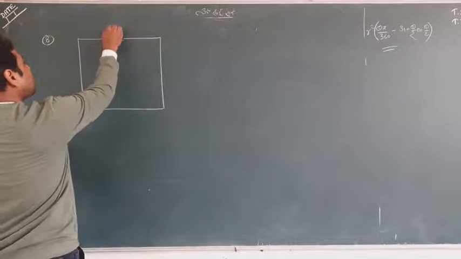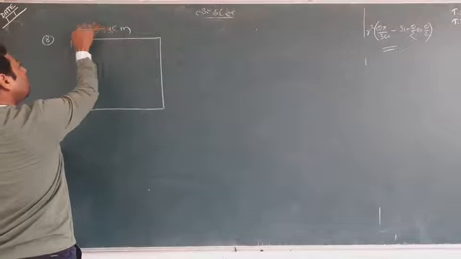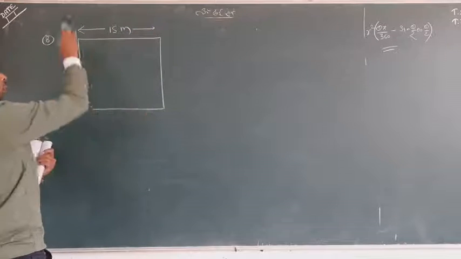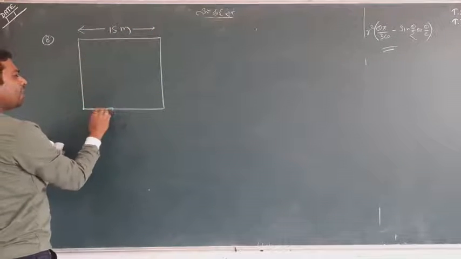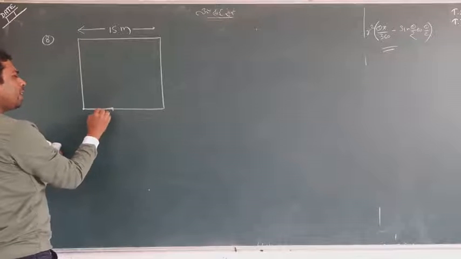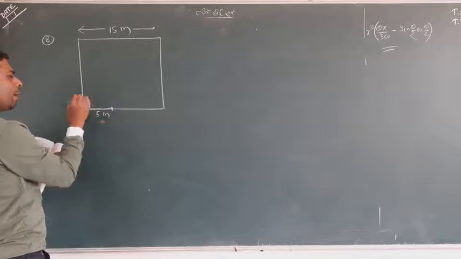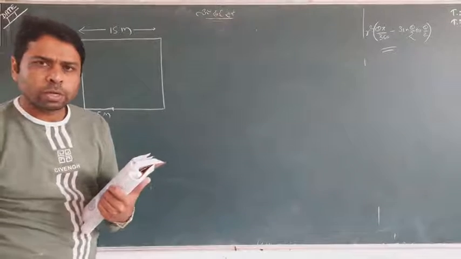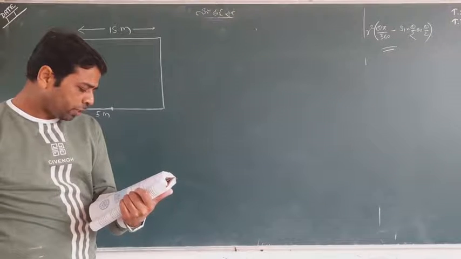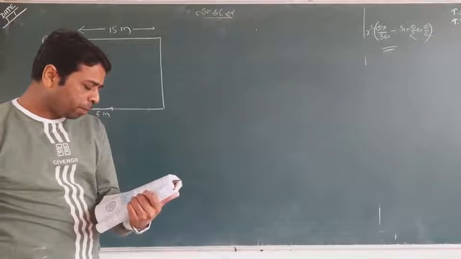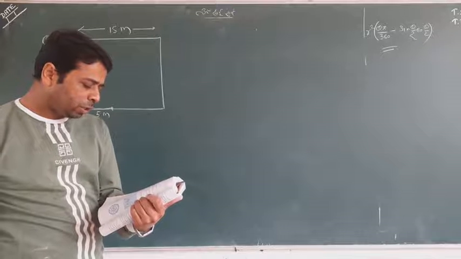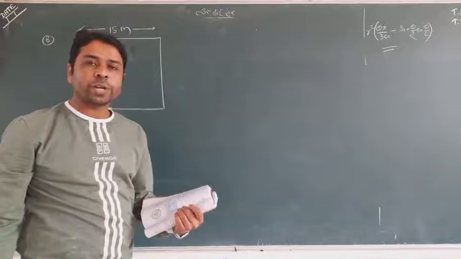And let me say that this whole length is 15, definitely all sides are 15, and the horse is tied with a 5-meter long rope at one corner of the square lawn. So the question says find the area of the part of the field in which the horse can graze.